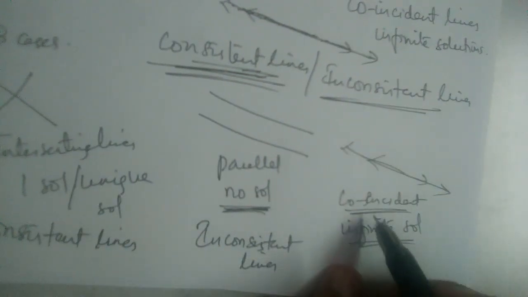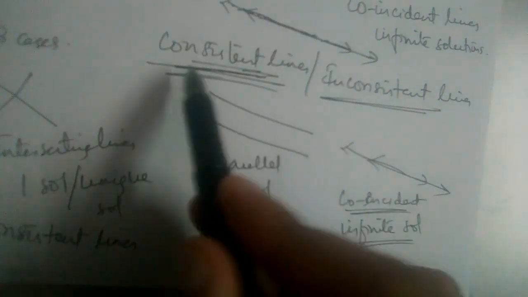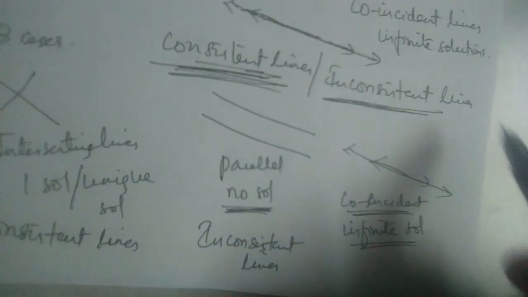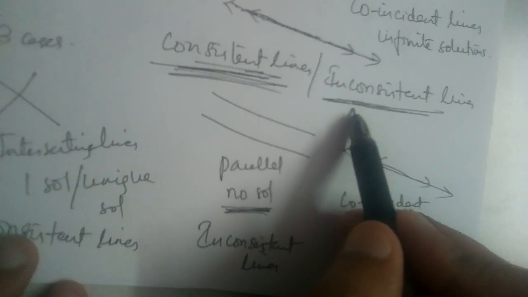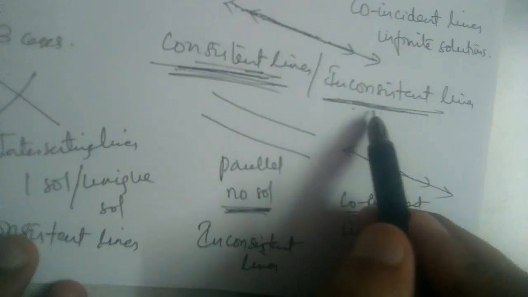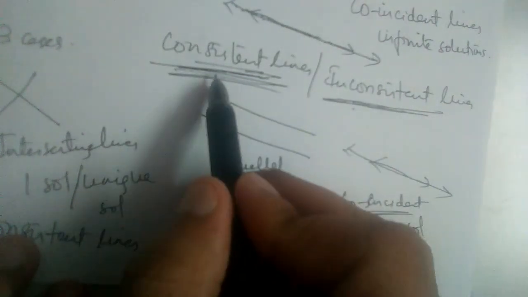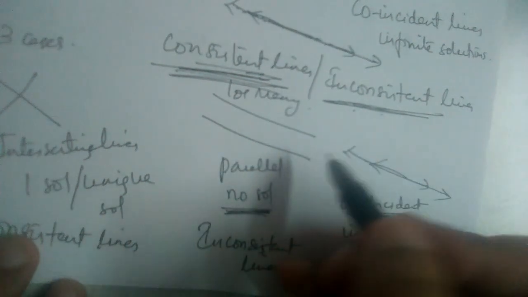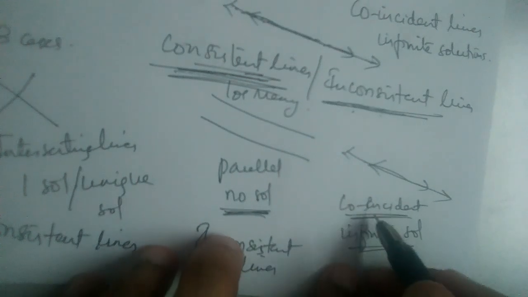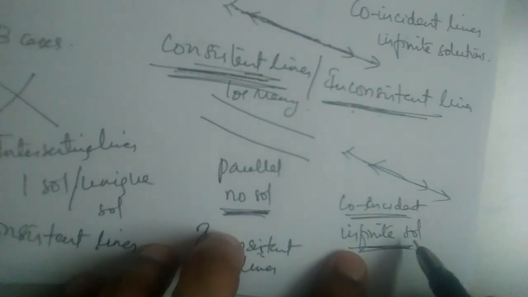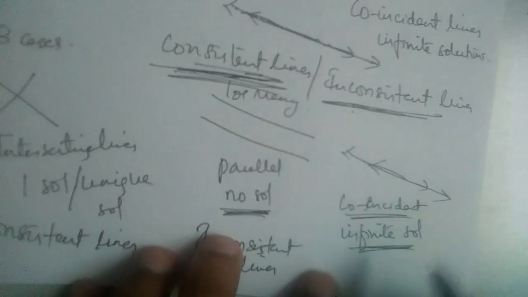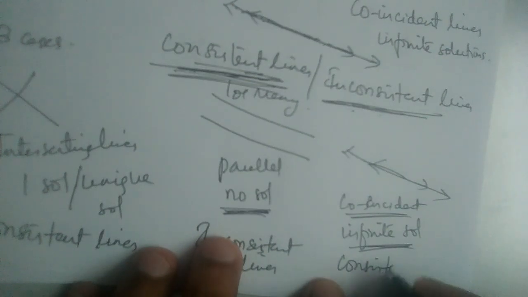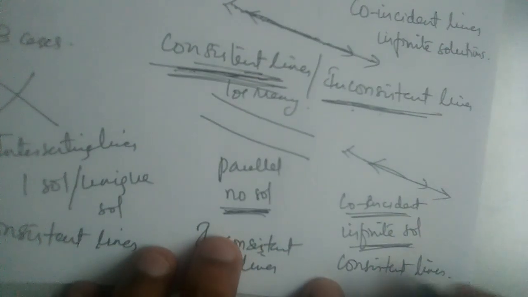Third one, coincident lines. Tell me whether these are consistent or inconsistent. What is inconsistent? It should not have even one solution, right? Consistent lines have either one or many solutions, right? So there are infinite solutions here. That means coincident lines are also consistent lines.